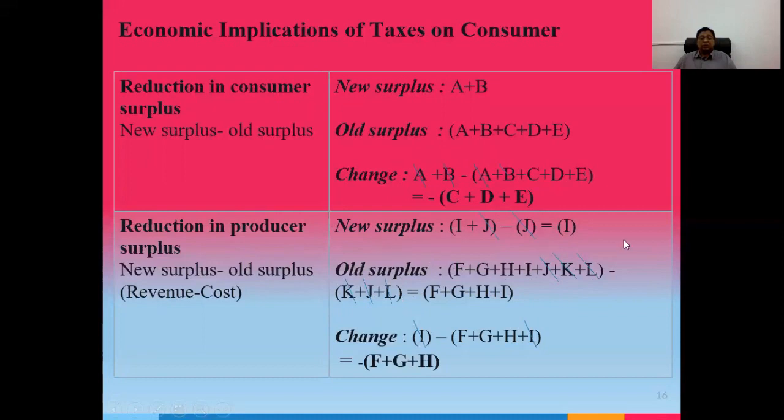This is the new surplus. This is the old surplus. The difference between new and old gives the reduction in producer surplus, that is minus F minus G minus H.